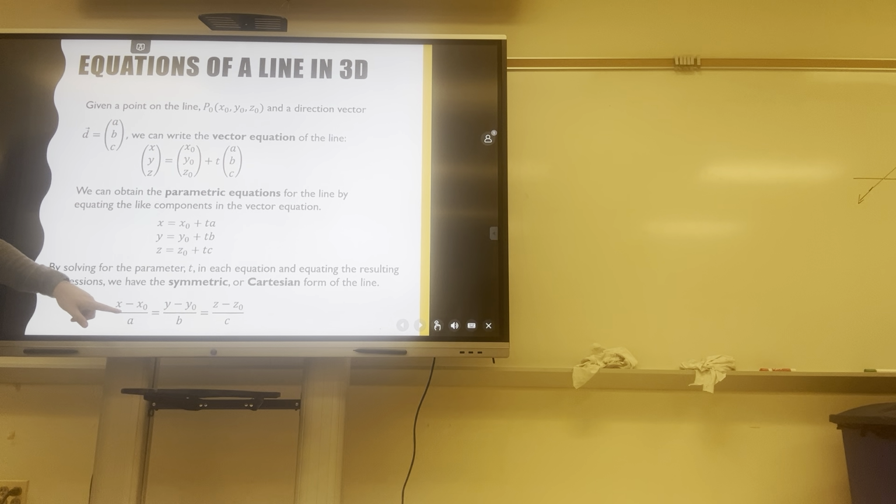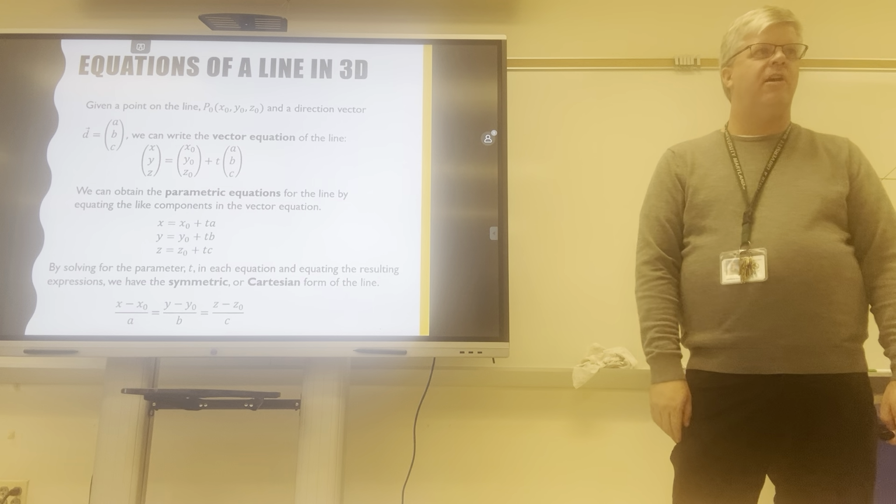That is equal to what t is equal to in terms of y, which is equal to that last expression, z minus z0 over c. That's what t is equal to in terms of z. Okay? That equation looks the weirdest because it has two equal signs in it, right? That's kind of bizarre.